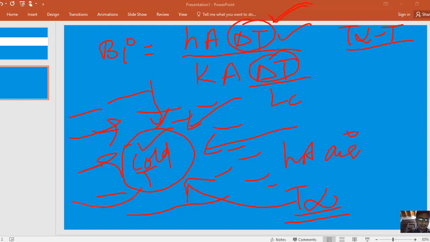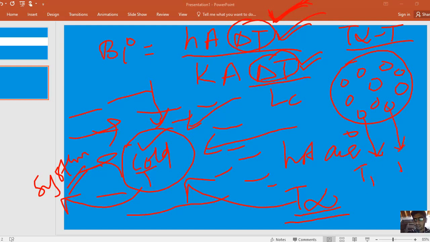Suppose the hot object is our system. Suppose this can be a sphere of copper, or a sphere of lead or other material. So this temperature difference is the temperature difference in the object, and this is the temperature difference between the surrounding and the system. Suppose we have a spherical object of copper, so the temperature at this point is T1, at this point T2, at this point T3.